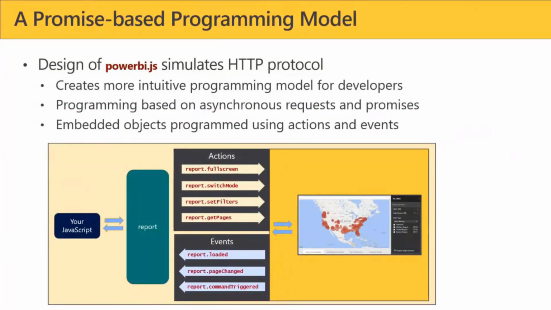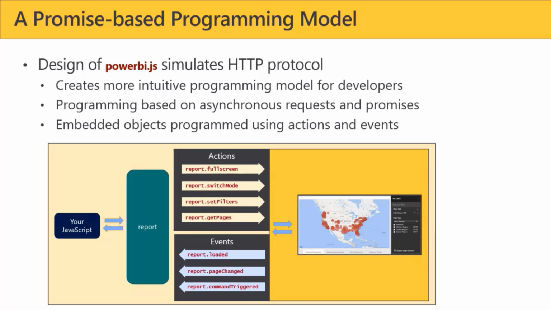Instead, there is a very complex architecture. And I won't go into a lot of the details, but the idea is when I embed a report and I get this object, it's really a proxy object that I call into, and it has marshalling logic to move commands back and forth.